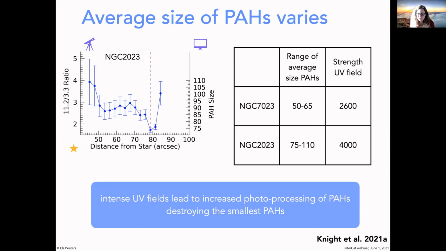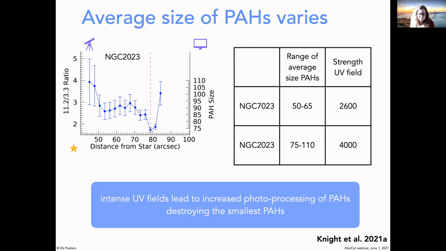If you compare the two reflection nebulae, the radiation field is quite different, as shown in the table, in the right column. And the corresponding PAH size, you can see, is also different across the entire cut. And so for NGC 7023, where we have the weakest radiation field, the PAH sizes across the entire cut are smaller than what we've seen in 2022.